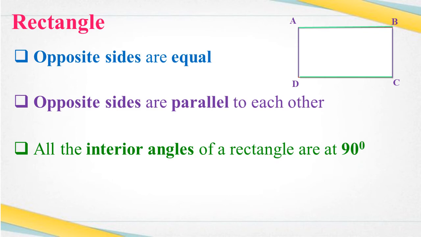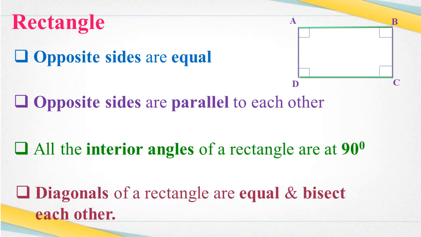All the interior angles of a rectangle are 90 degrees. Diagonals of a rectangle are equal and bisect each other. See, the rectangle's diagonals bisect each other.